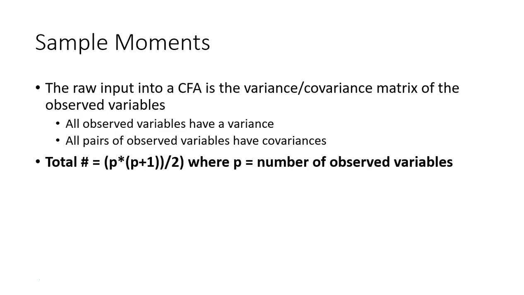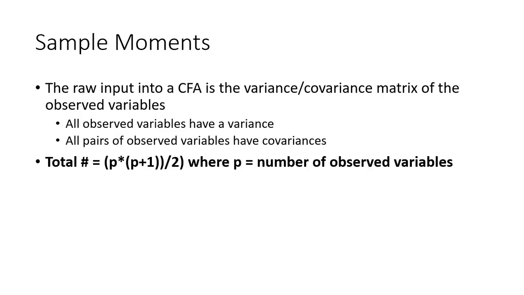The information that goes into the model are the covariances, which remember are just unstandardized correlations among every pair of variables. That's what's in the specific intersections of the variables with each other in the variance covariance matrix. And on the diagonal is just the variance of each individual item. So that's all the information we're going to feed into the model in order to let the model make the parameter estimates that we need.